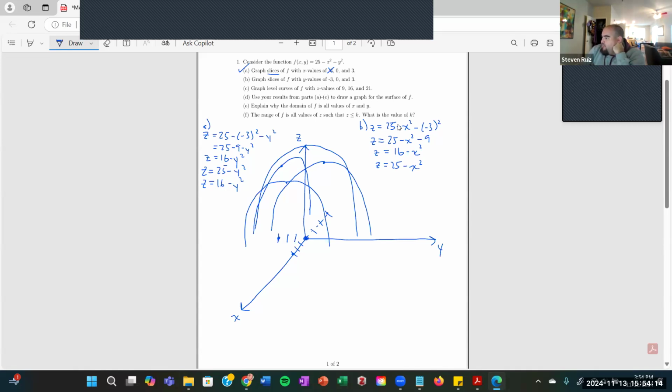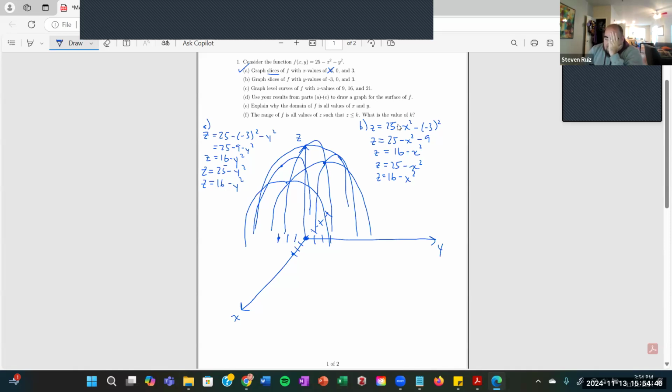But now we're going to get a curve that's going to meet this other one, but it's going to be perpendicular to it. And then finally, we're going to get another z equals 16 minus x squared when y equals 3. And that one's going to be parallel to the first slice we drew.